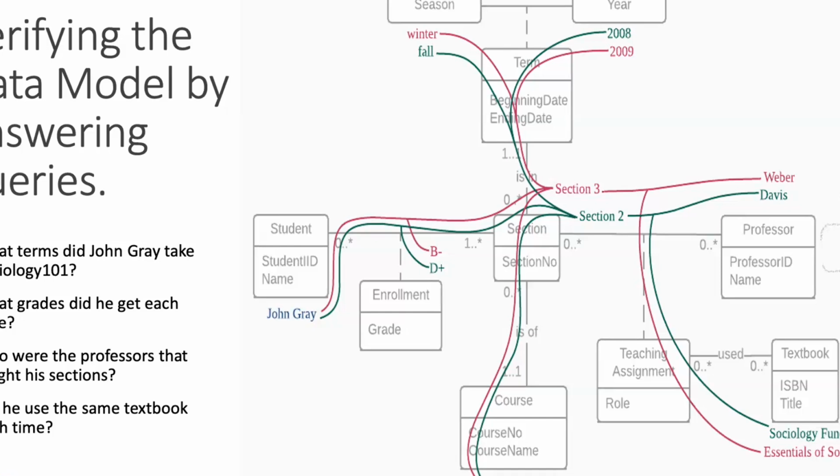So we can see how the data flows here. What term did John Gray take Sociology 101? You answer this one for me. What term did John Gray take Sociology 101?